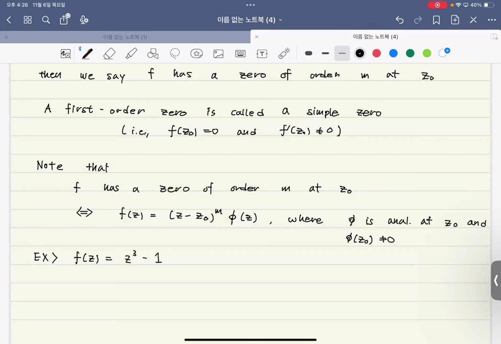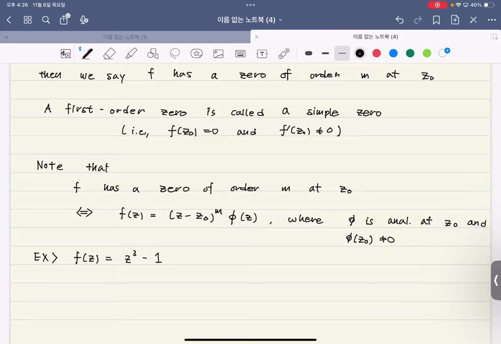I can expect 3 zeros of this function: the roots of unity, so 1 and the 2 other complex numbers. What is the order of 1? 1 is clearly a zero of this function, and the order should be 1. So 1 is a simple zero of this function.